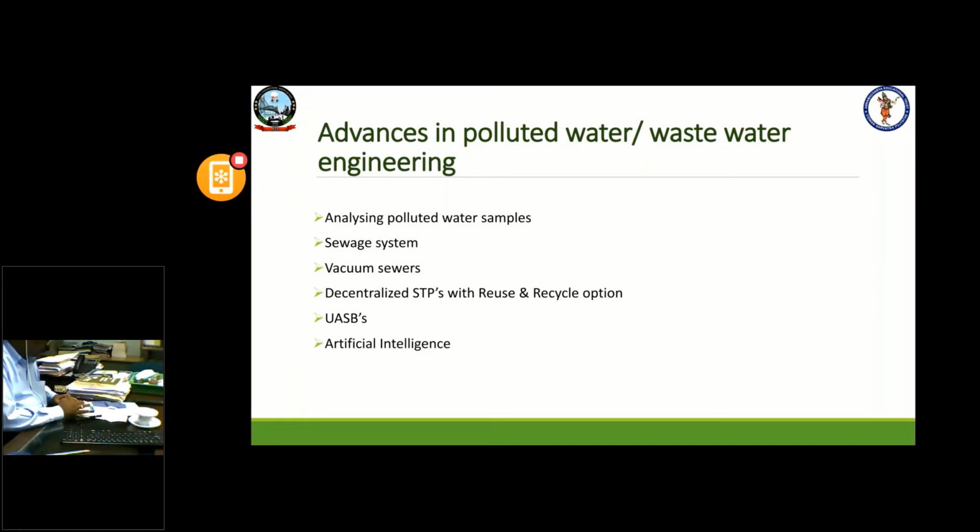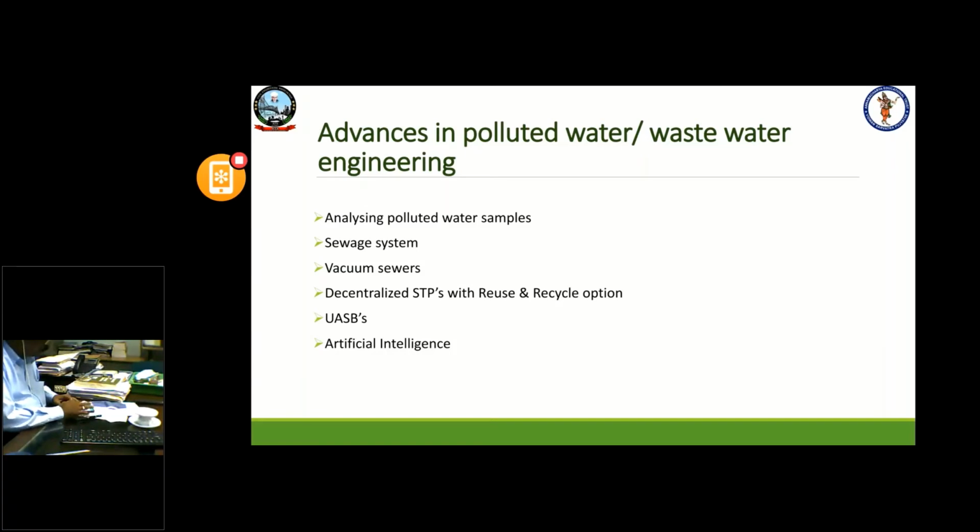It will even undergo the putrefaction process. To avoid this, we can go for decentralized STPs, which may serve 4 to 5 colonies. You can go for a decentralized STP with reuse and recycle option. That is a small sewage treatment plant.